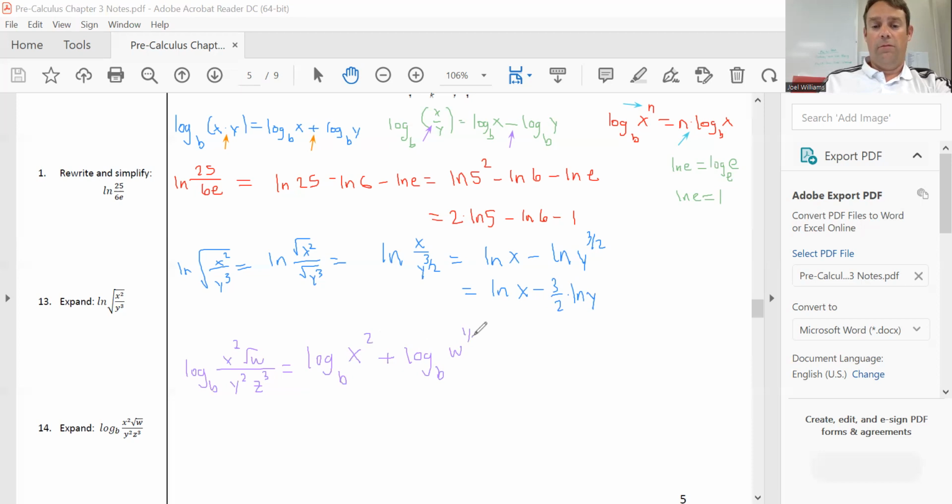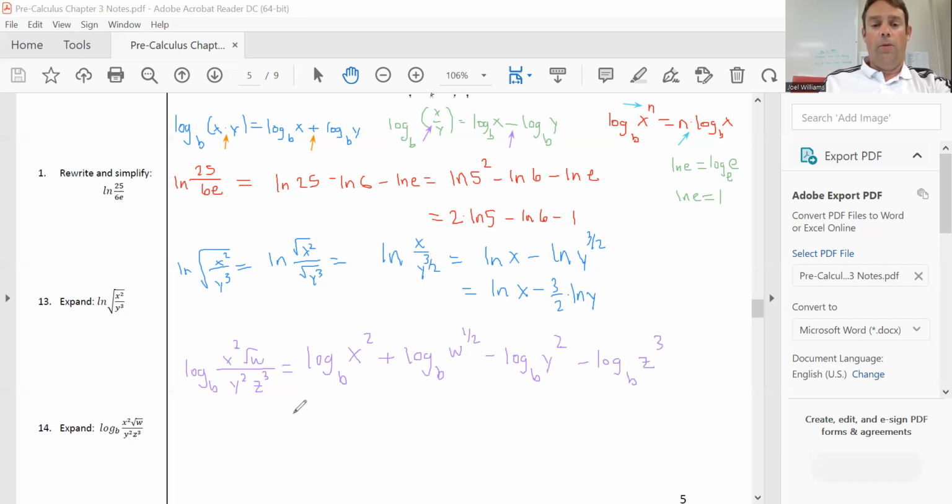So there's our 1/2. And then I got two things in the denominator. So we're going to be able to go ahead and separate those with subtraction. Because anytime you were dividing logs, we can break them apart with subtraction. Minus log base b of z cubed.